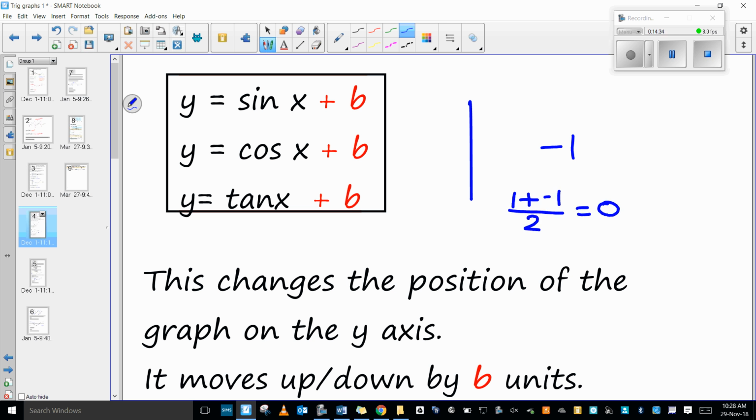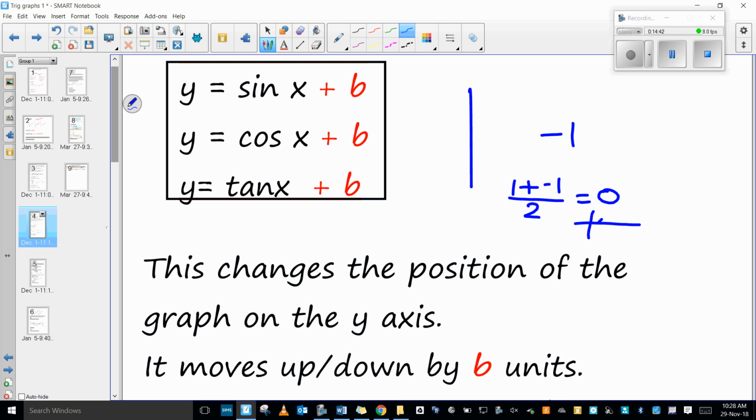And that's why for the original graphs, the central line was at 0. Sorry, did I do that too fast? No. So then we can find out where our central line is. If our original central line was at 0, and our new central line is at 4, it means it's shifted up 4 units.